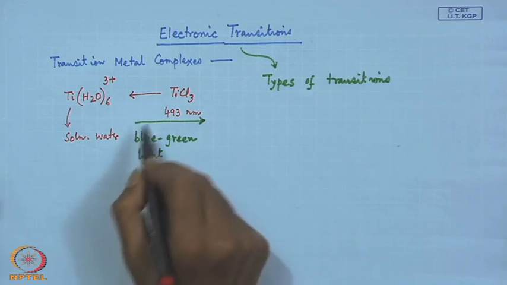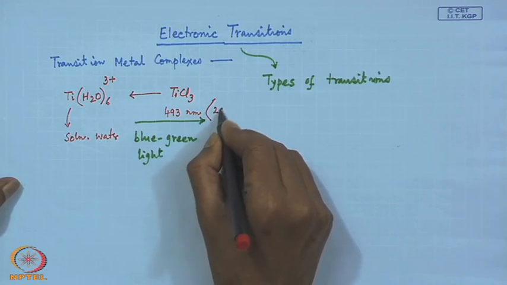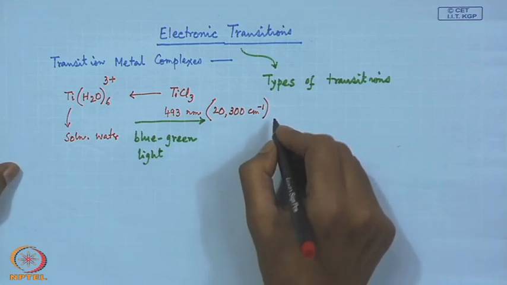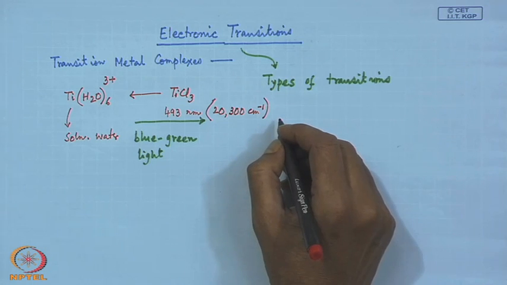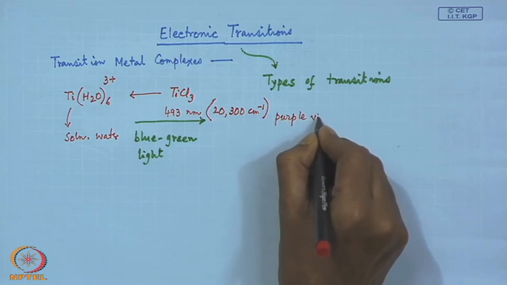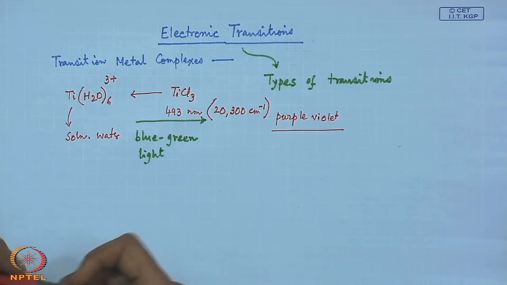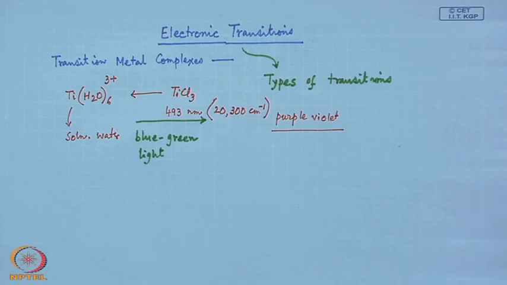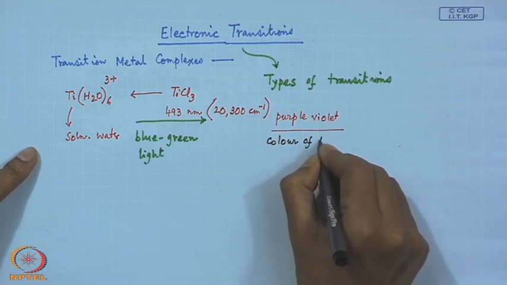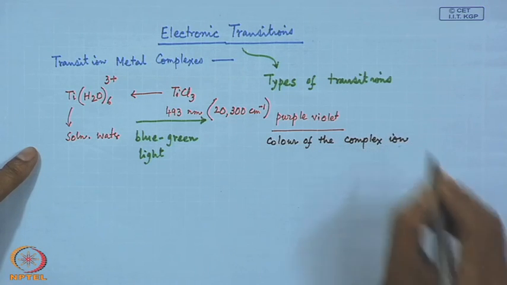So, this particular blue green light corresponds to this particular wavelength, and in wave number unit this corresponds to 20,300 centimeter inverse, and the corresponding color of the solution would be purple violet, the corresponding complementary color, and this would definitely be the color of the complex ion.